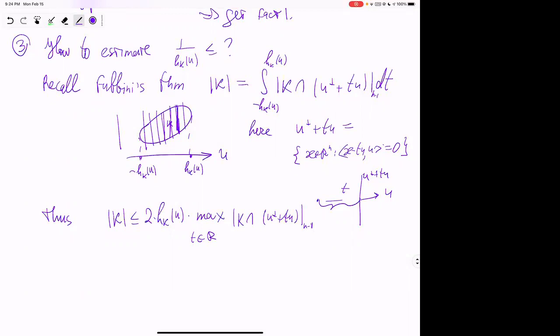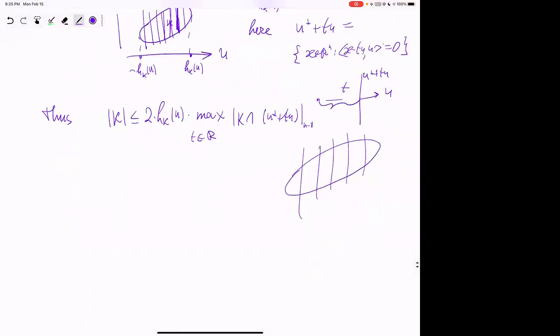If we consider a bunch of sections of a symmetric convex body, which one is going to be the largest? I think the one which passes through the origin.